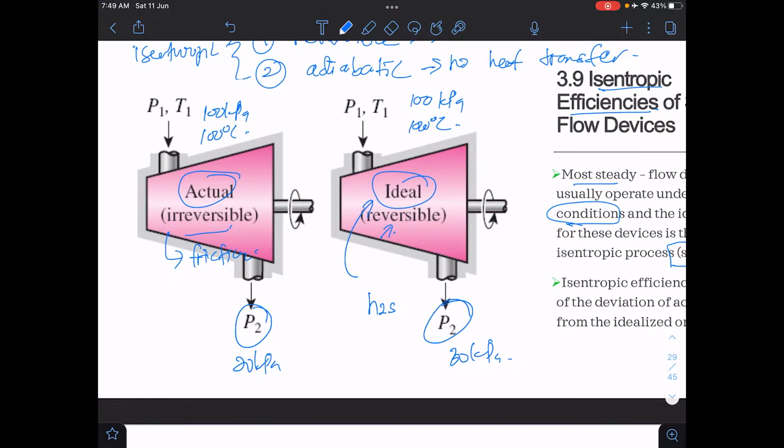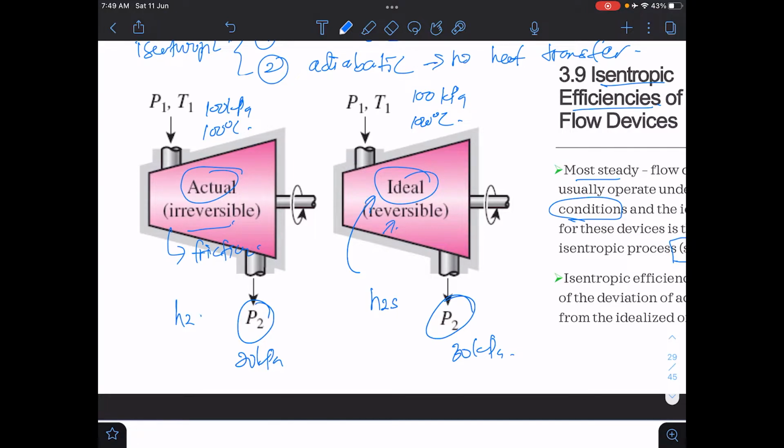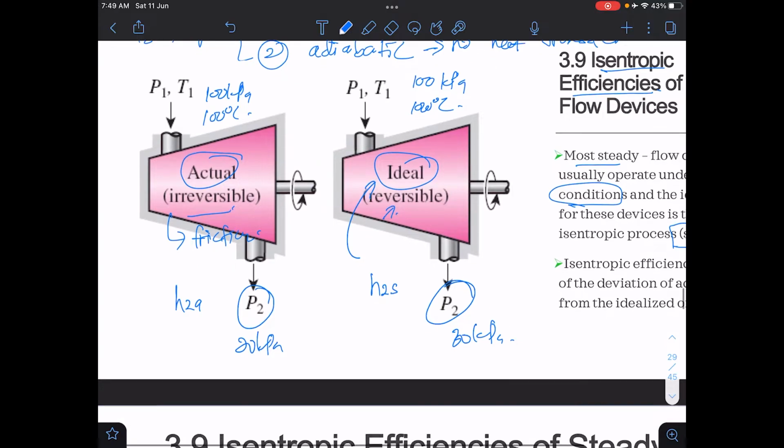But for the actual one, instead of H2, we put the notation H2A to represent that the process is an actual device.